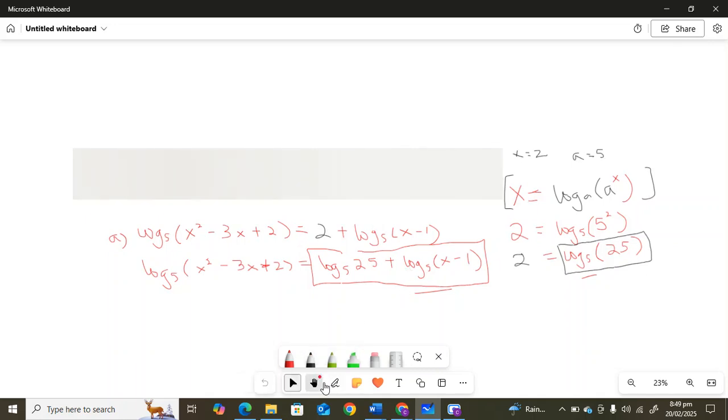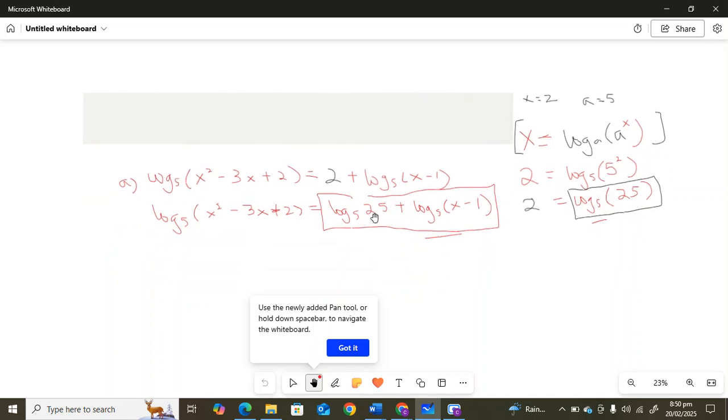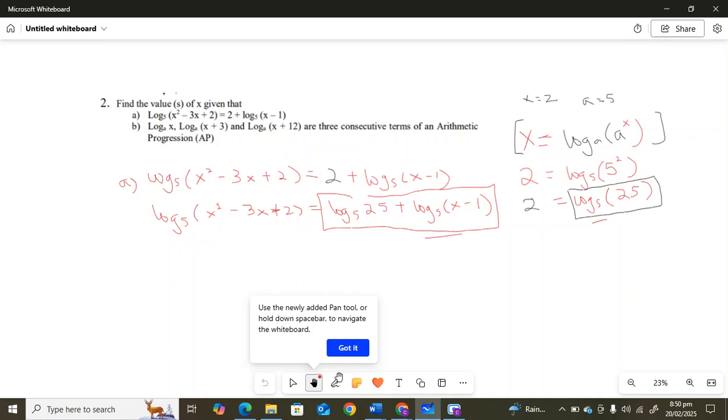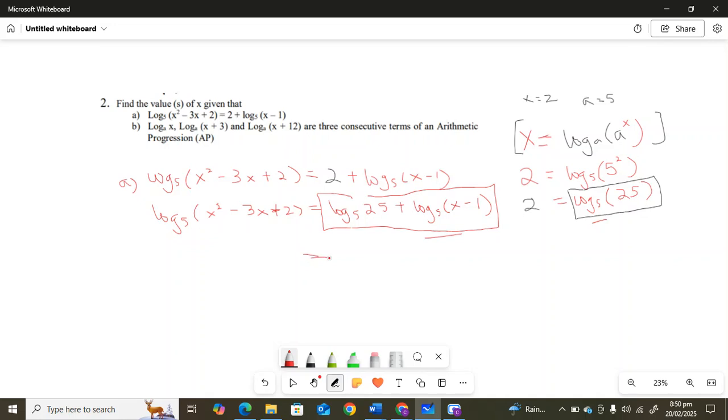Yes, this log 5, 25 plus log 5, x minus 1. If we apply the power rule, it can be written as log 5 of (25 multiplied by x minus 1). Are we okay with this, colleagues?